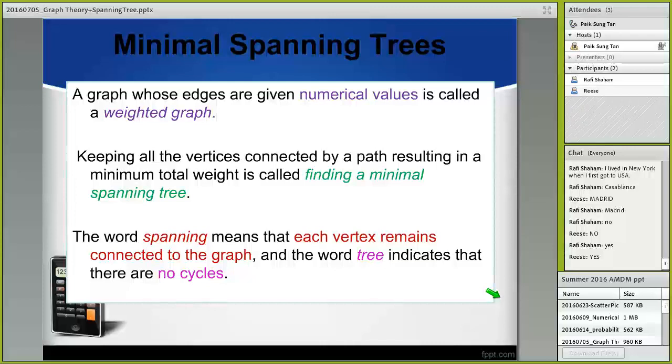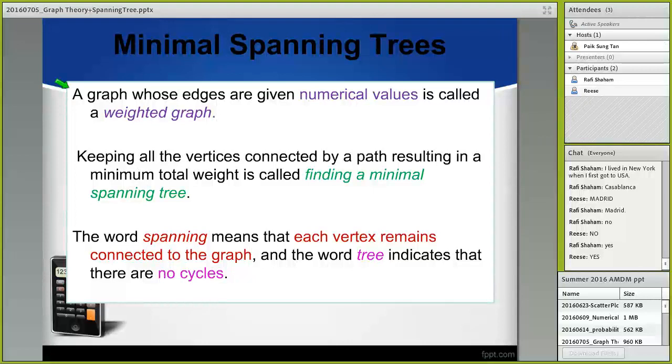Good. So the next big topic that I'm going to talk about is minimum spanning trees. First we need to know what is a weighted graph. Now I want you all to pay attention to these questions. This information itself has questions.